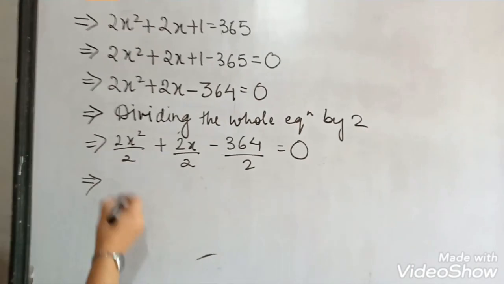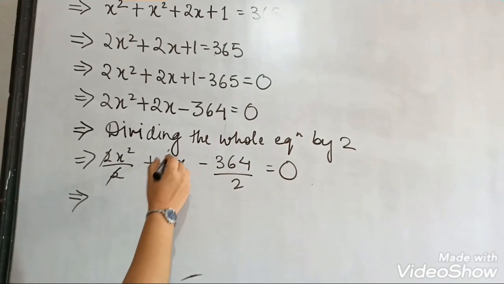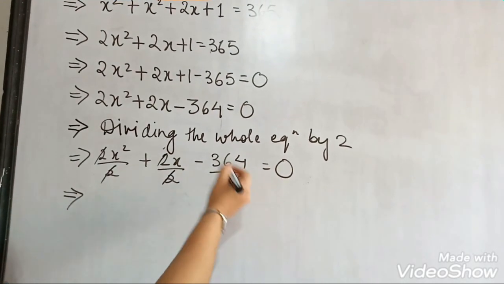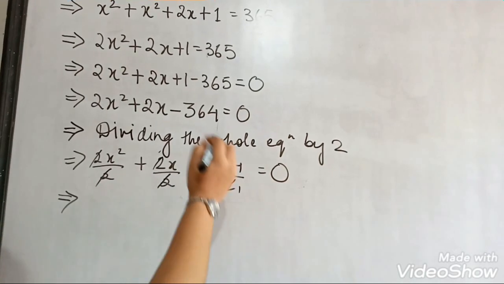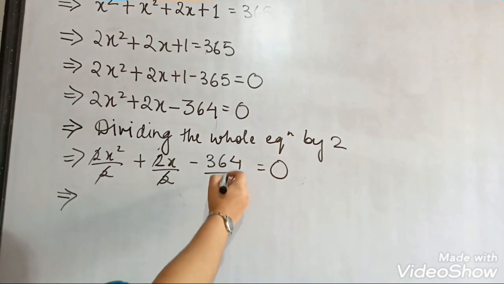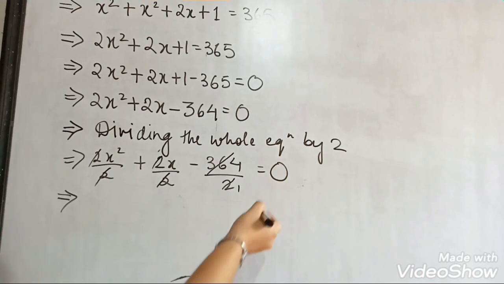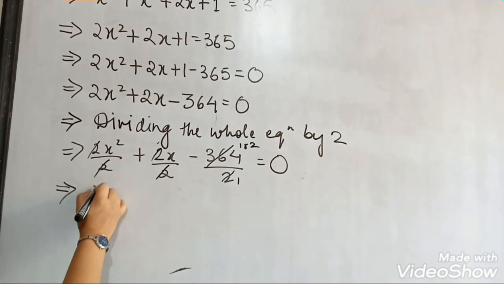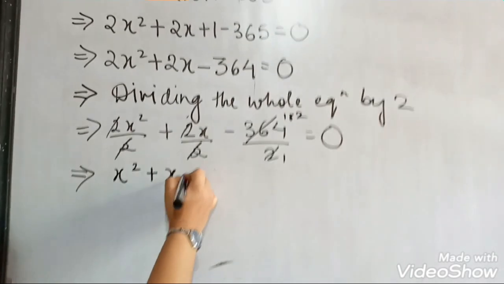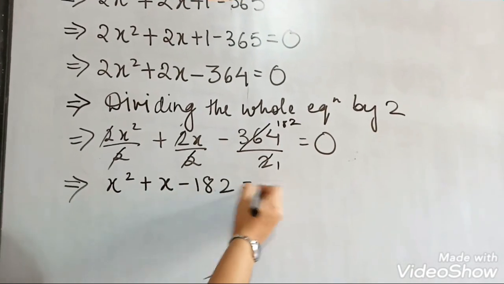The 2s will be cancelled. 364 on division with 2 will give you the number 182. So we are left with x square plus x minus 182 equals to 0.